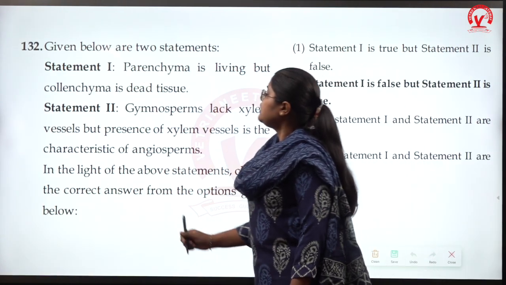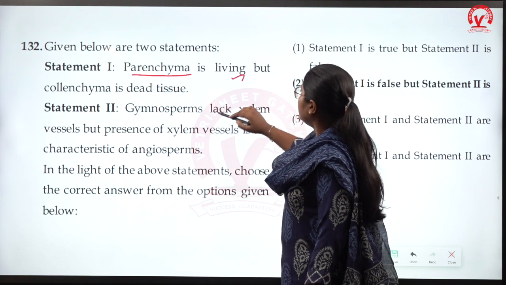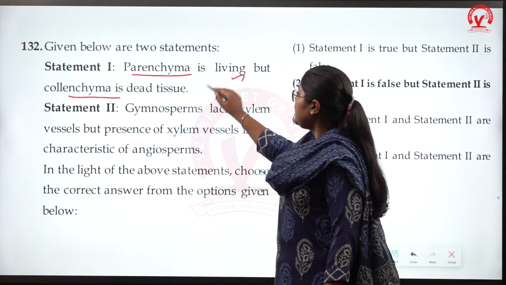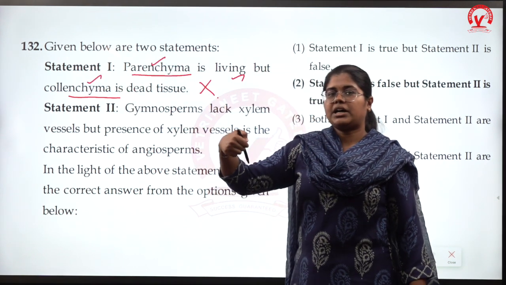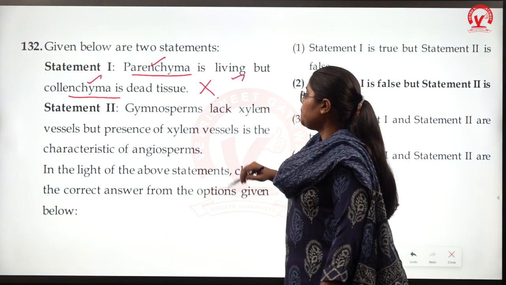So next question, in the statements, what have they given? Parenchyma is a living tissue but collenchyma is dead tissue, they have given. This is an incorrect statement because both parenchyma and collenchyma are living tissues, whereas sclerenchyma is a dead tissue.